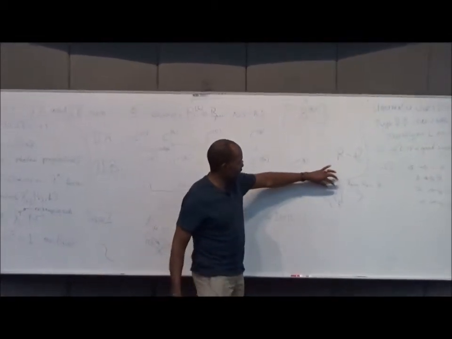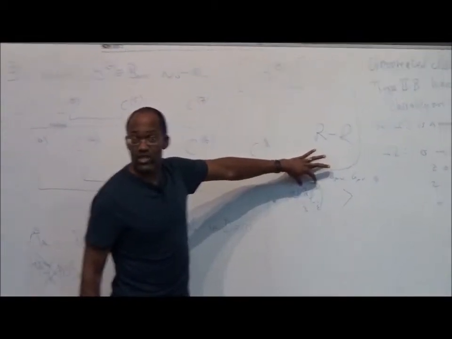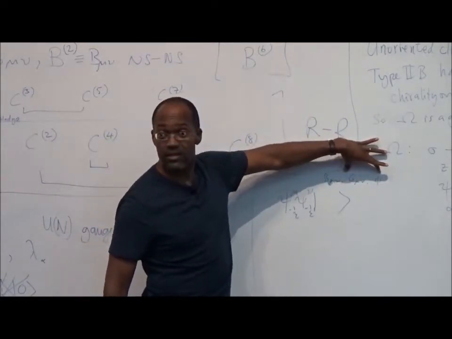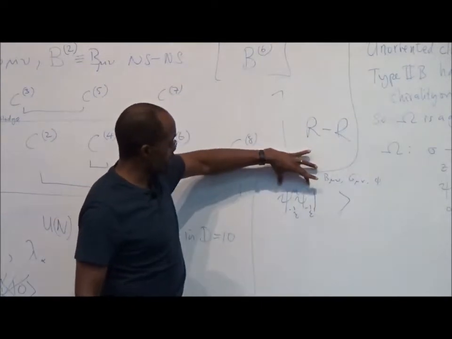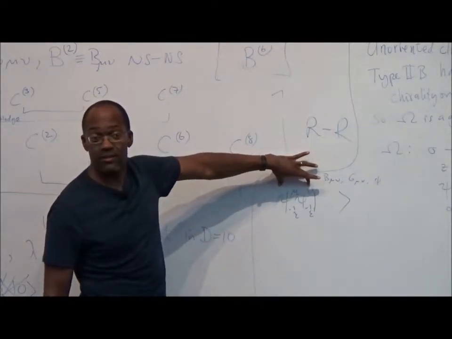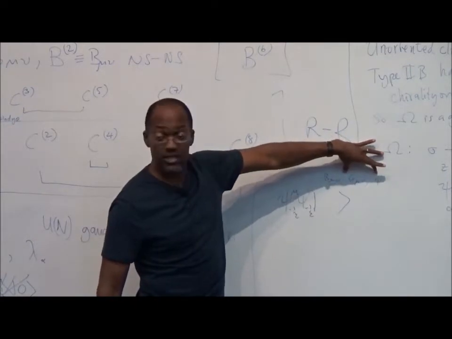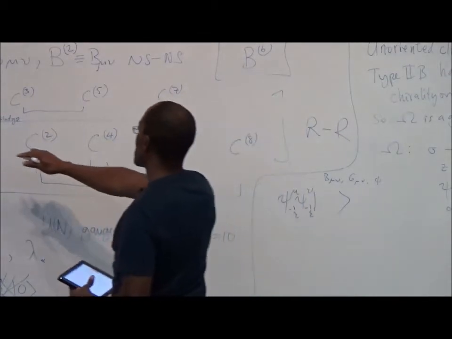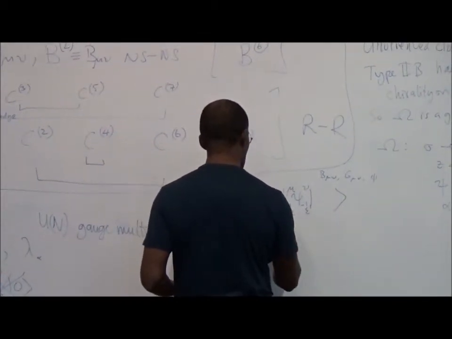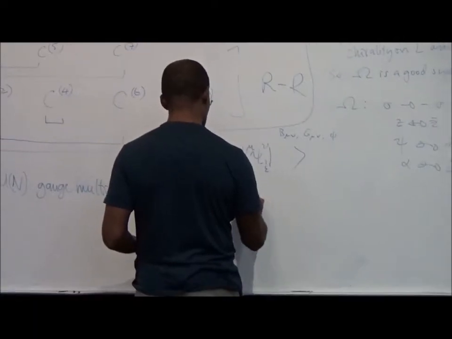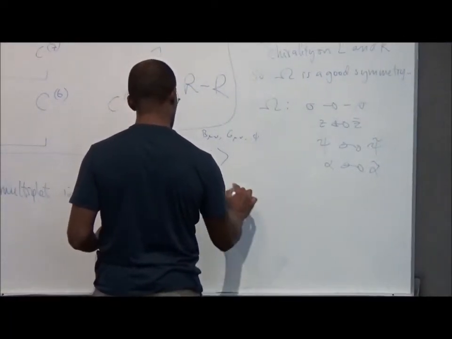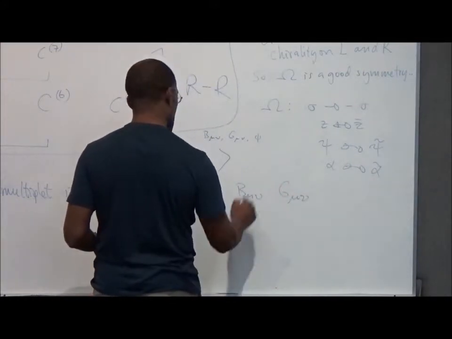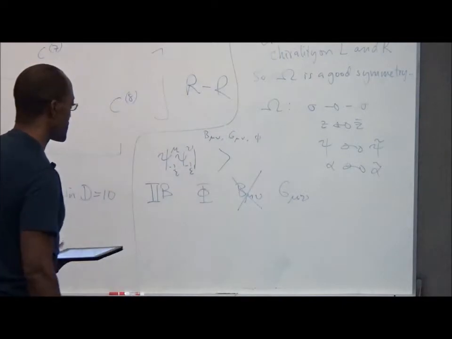I either have the anti-symmetric choice, which is these guys, or the symmetric choice, which is these guys. The anti-symmetric choice is going to get projected out, leaving just this stuff. So the type 2B spectrum has phi, B mu nu, and G mu nu. This gets thrown out.